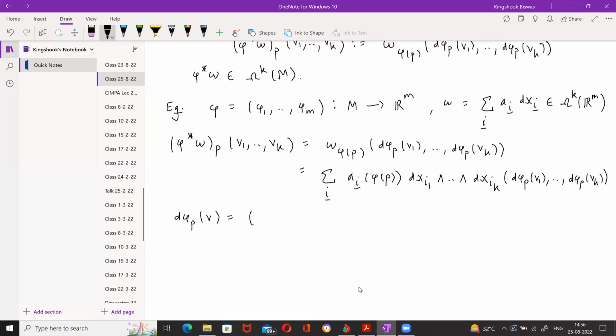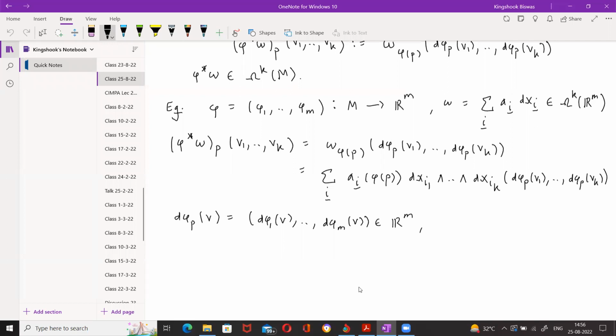So d phi P v will be the vector d phi 1 v up to d phi m v in Rm. Okay. And when I calculate this wedge product applied to this k tuple of vectors, remember what the wedge product is.